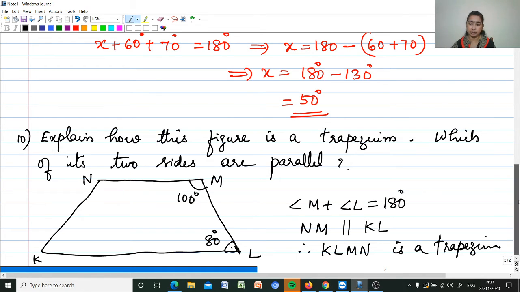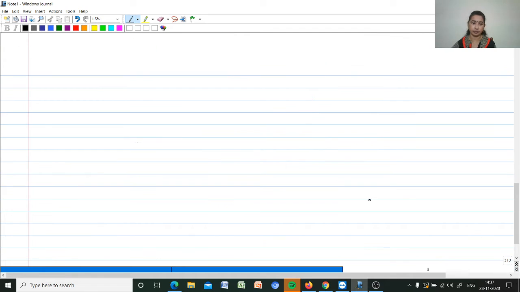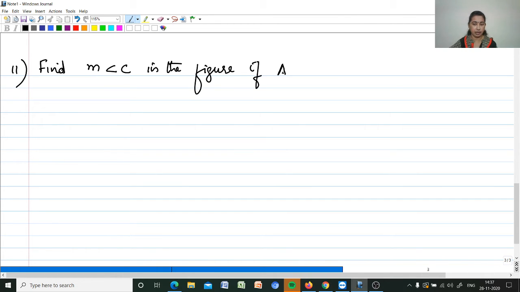Okay, now next one. Question number 11. Find the measure of angle C. In the figure, AB is parallel to DC.